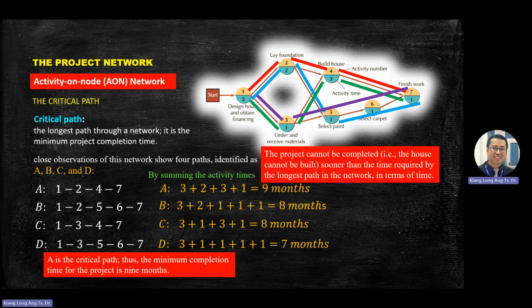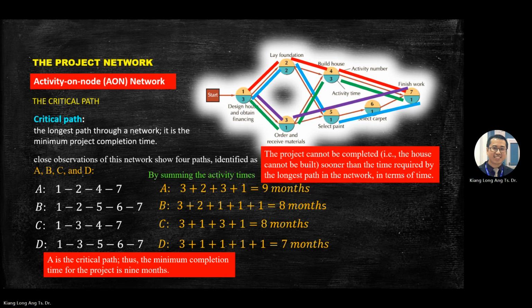Critical path in this case is path number A that goes through 1, 2, 4, 7. That is the answer. Then you need to explain why that one is a critical path. Because path A used 9 months, which is the longest time needed to complete the project.